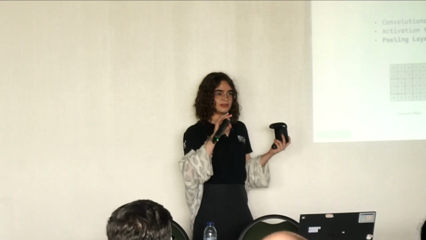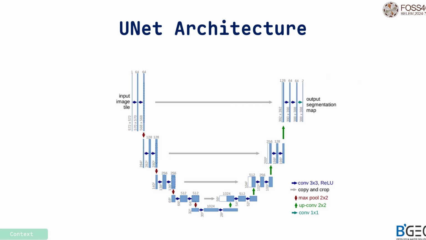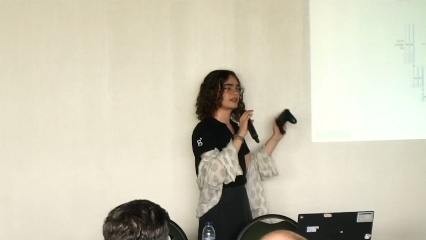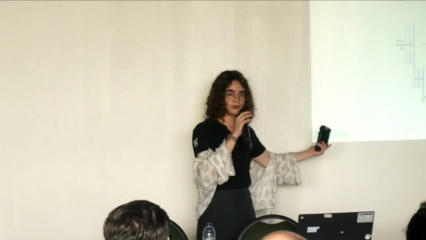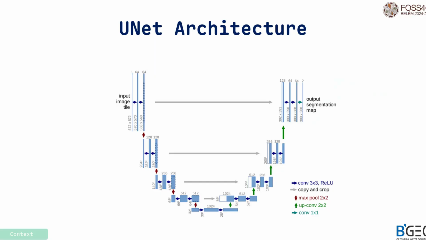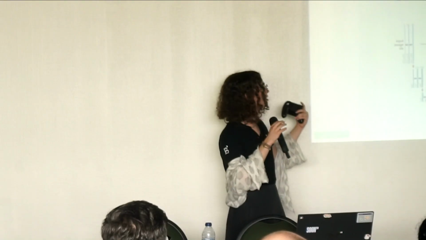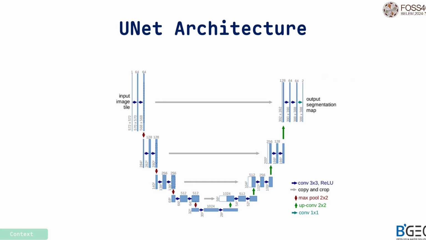And let's talk a bit about the architecture itself. This is what we used, which is called a UNet architecture. UNet, because as you can see, it looks very much like a U, so UNet, not very creative. And basically the idea is to have the image come in at the top. It applies some convolutions, applies some activations, and then you start to downscale it.